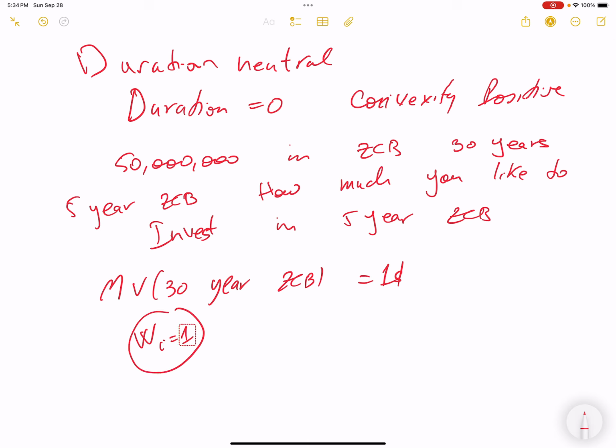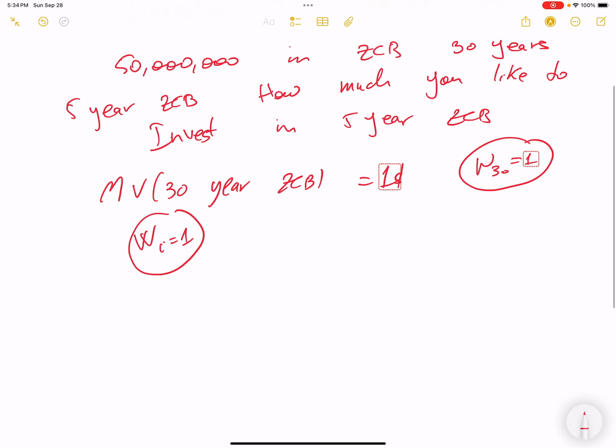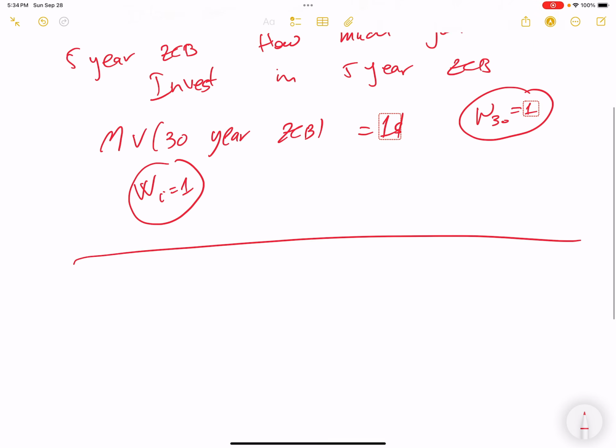And the portfolio will always have a cash component. So now you have basically the following, and you can assume, at least initially, the W30 equals 1. Okay, so now you want to calculate the equation for duration. So you have the following position. You have a 30-year zero coupon bond.